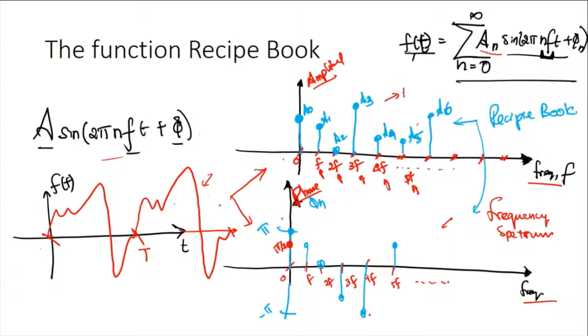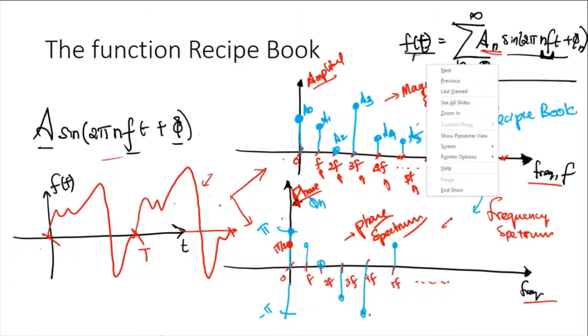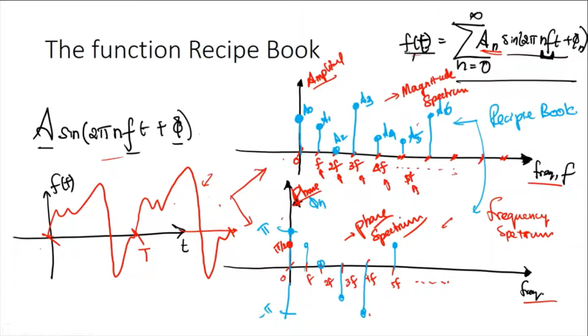In fact, this is particularly called the magnitude spectrum, and this is called the phase spectrum. So these are the two terms for these two plots. So basically a plot of the amplitude of the sine waves that are needed to form f of t gives you the magnitude spectrum, and the phase spectrum is the phase of the sine waves of different frequencies that are needed to form f of t.